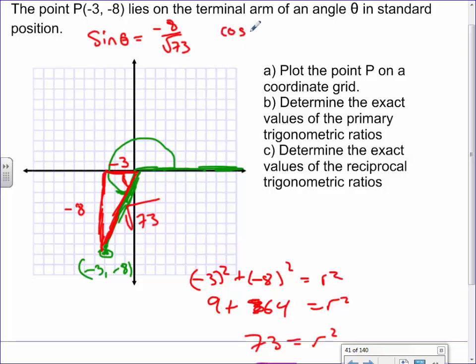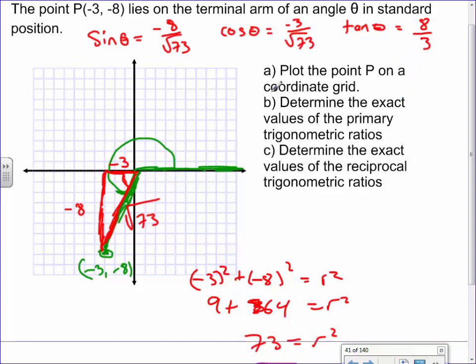What about cosine? Well, cosine of theta is what used to be the adjacent, only the adjacent in this triangle right here is our x value, so it's -3, and our hypotenuse is the radius now, which is root 73. And then tan is opposite over adjacent, y over x.